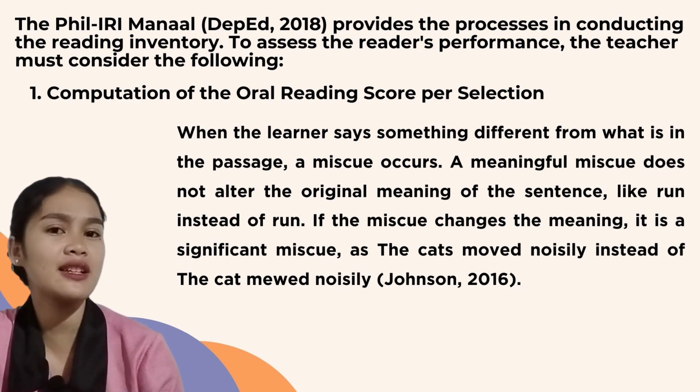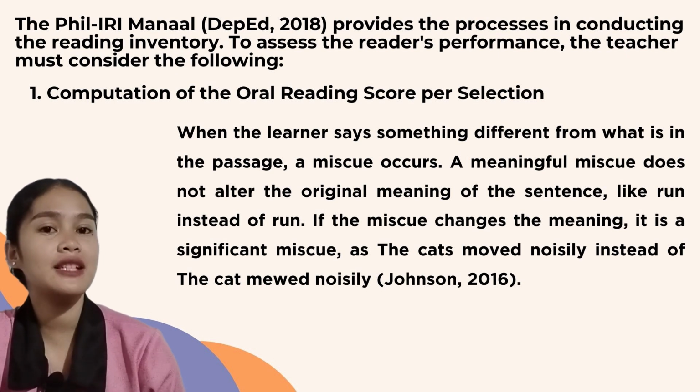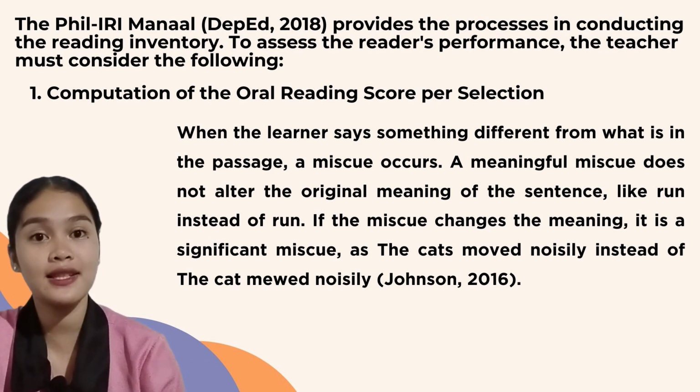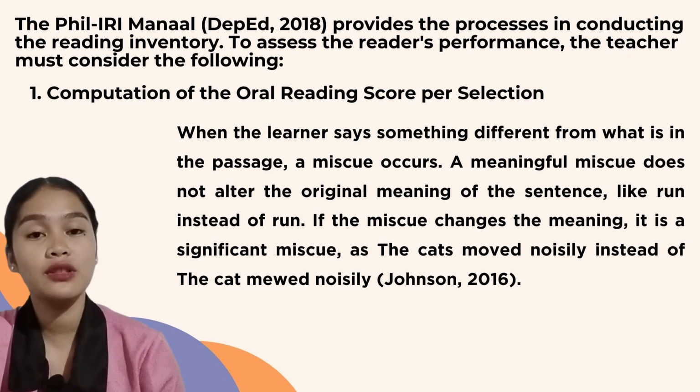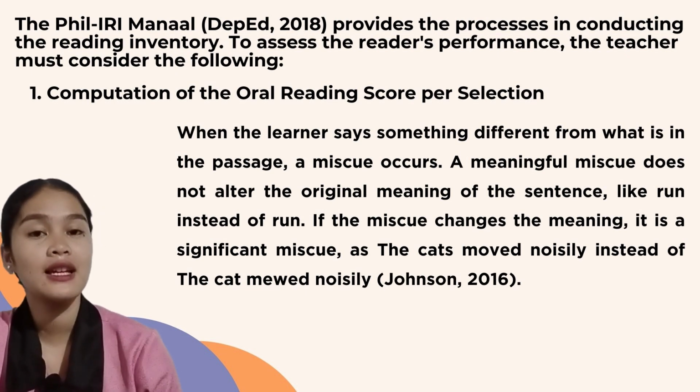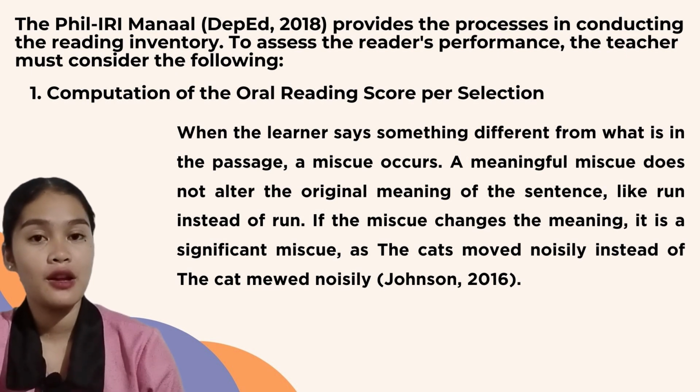If the miscue changes the meaning, it is a significant miscue, as in the cats moved noisily instead of the cat meowed noisily. According to Johnson 2016, whether or not a miscue influences the meaning of the passage being read, equal weight is given. After counting the number of miscues during oral reading, the oral reading score is computed using the formula.